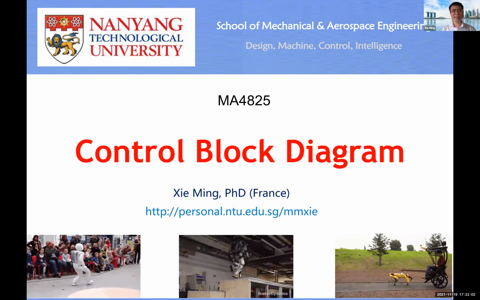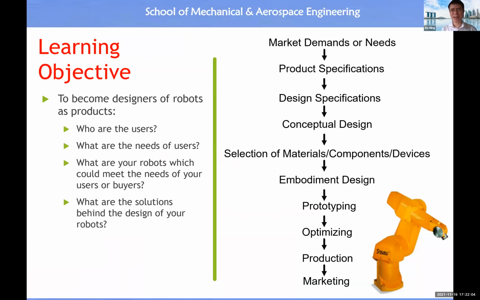Before we enter the study of today's lecture, it is always good to remind you about the learning objective of this course. The learning objective of this course is for you to become a designer of a robot as a product.